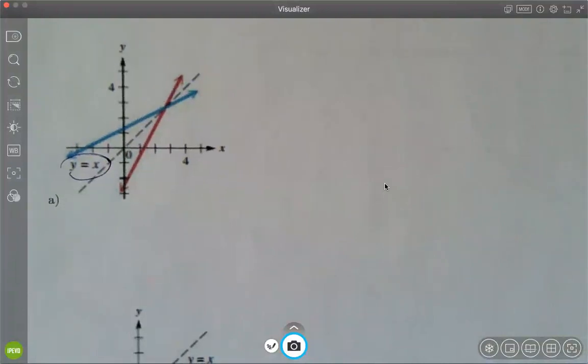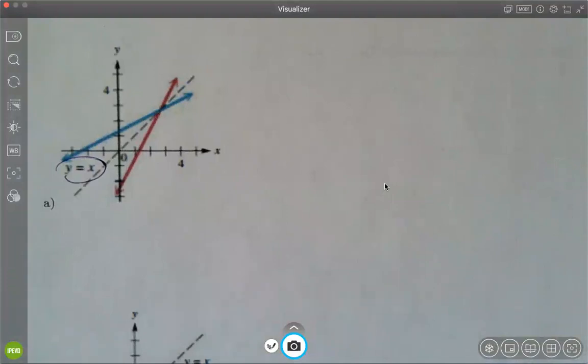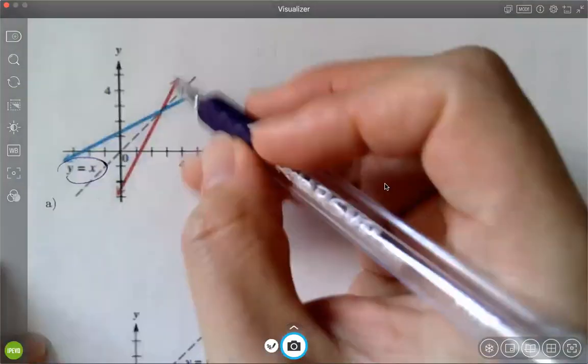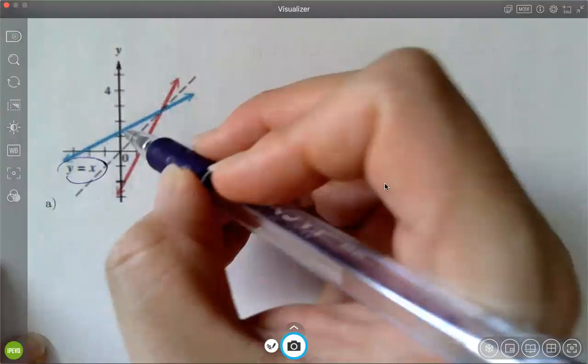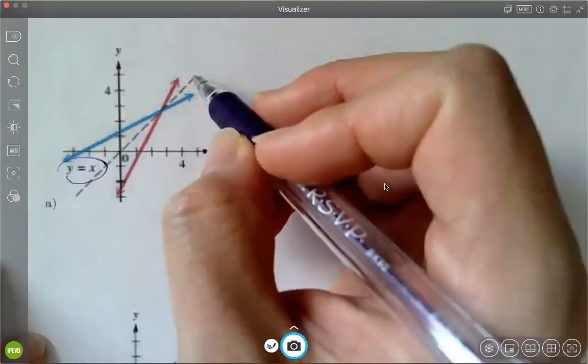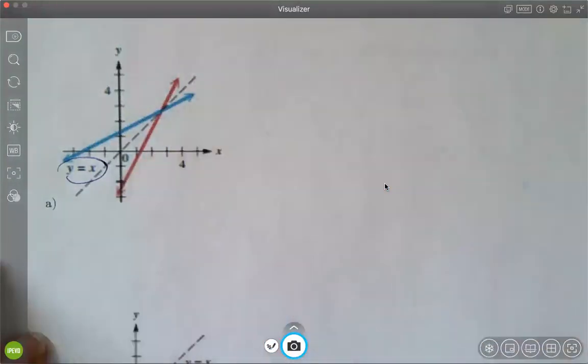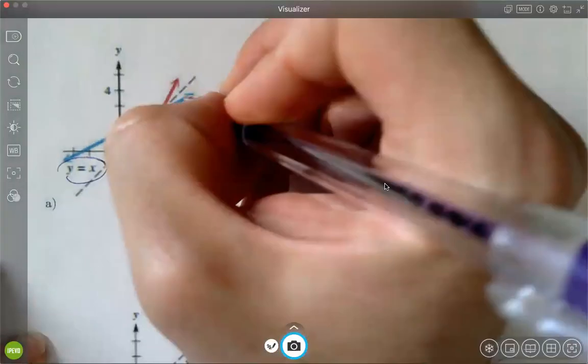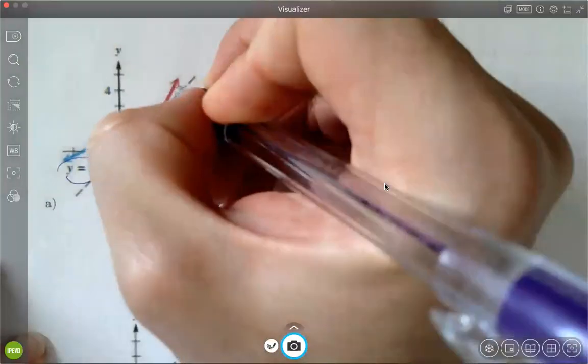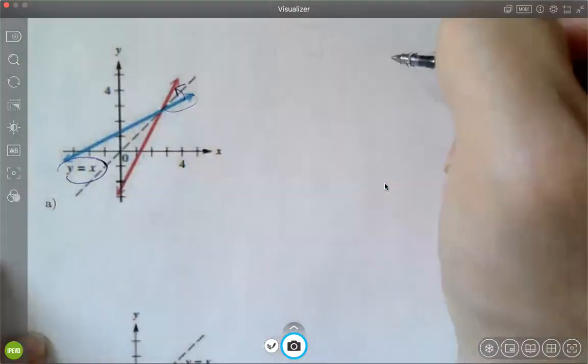Okay, so now what does that mean? To get a red graph, for example, do you have to flip the blue graph over this line? And then do you get the exact overlap? Yeah, right? Because this side goes into where? When you flip it, this one, right? And what about that side?